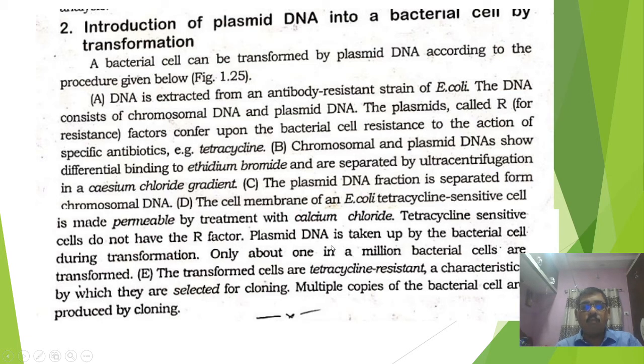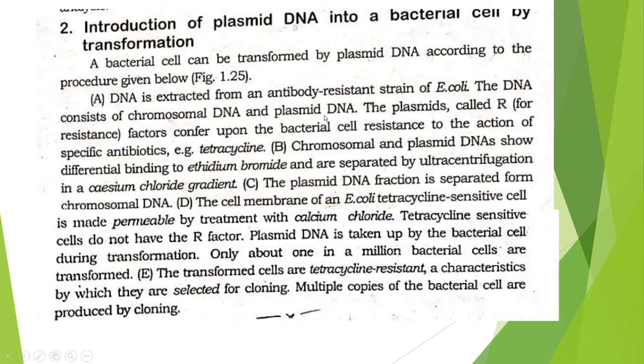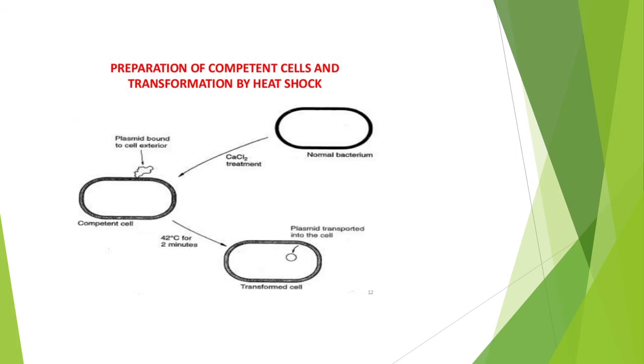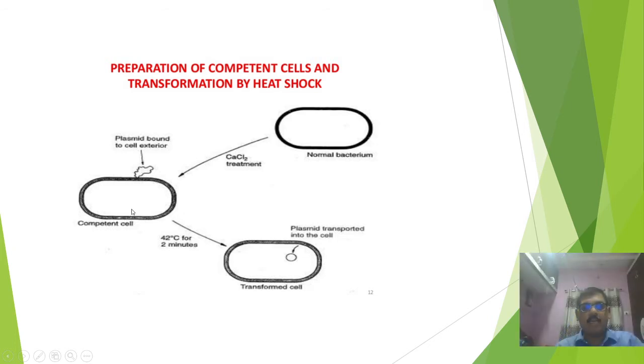We'll discuss how you can introduce this recombinant DNA molecule into the bacterial cell. The plasmid binds to the cell exterior, and this is the competent cell, which is the antibiotic-sensitive cell.